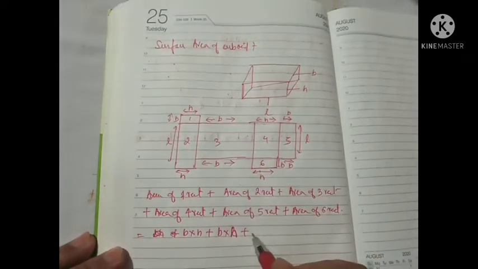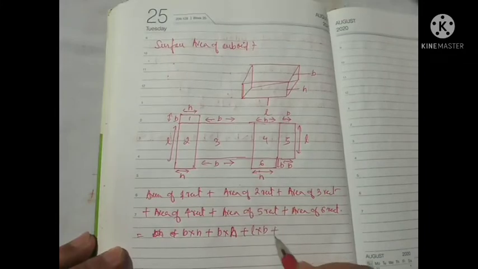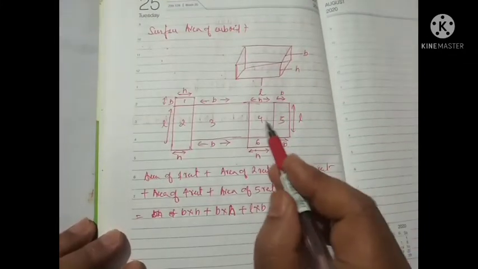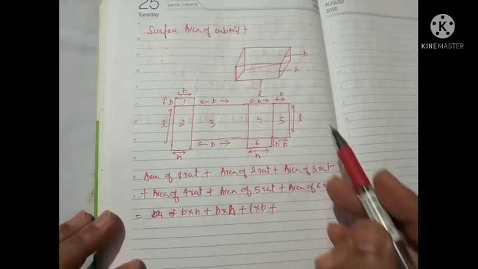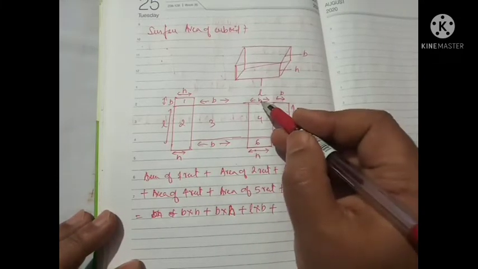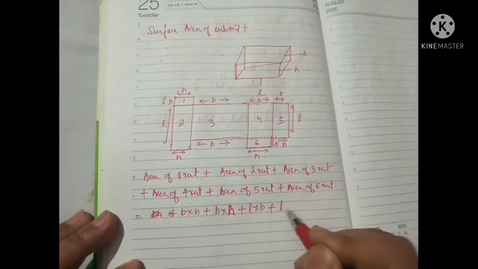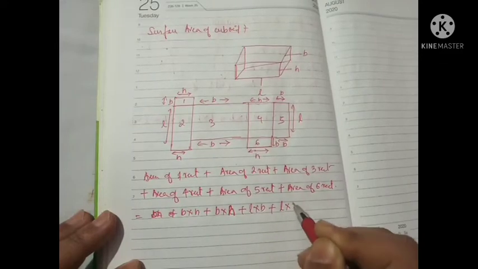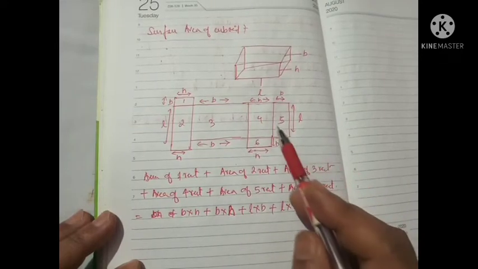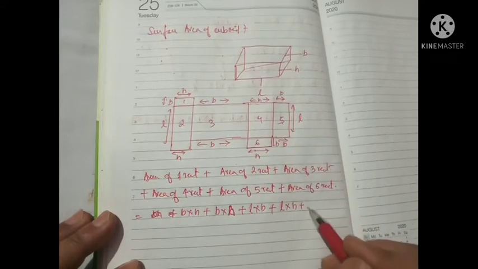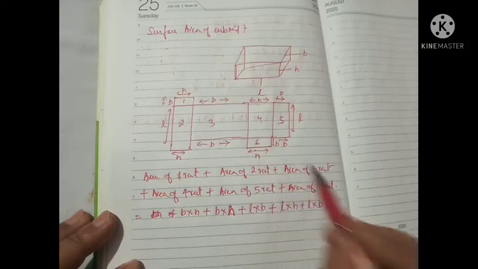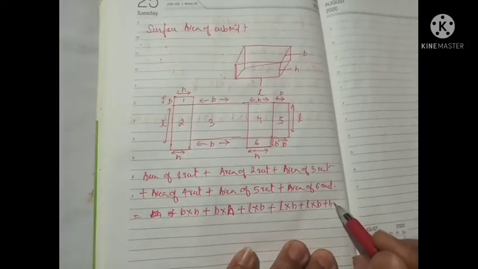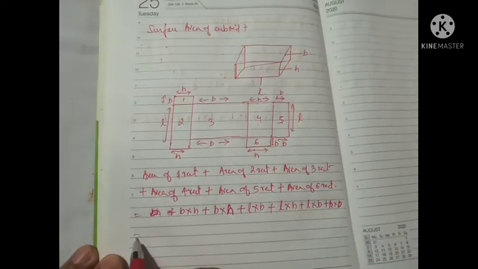Third one is length into breadth. Fourth is length into height, plus length into height. Fifth one is length into breadth, and the last one is height into breadth.